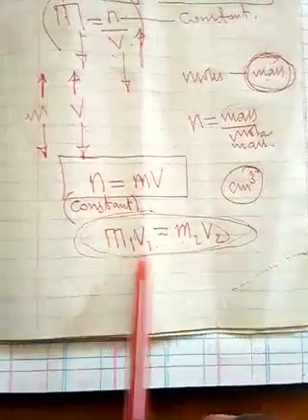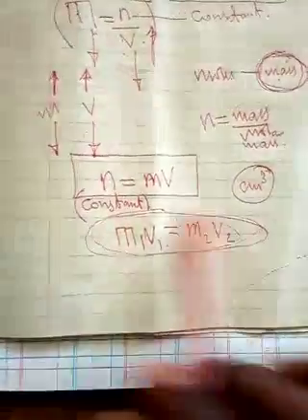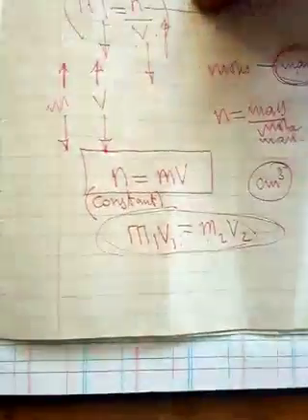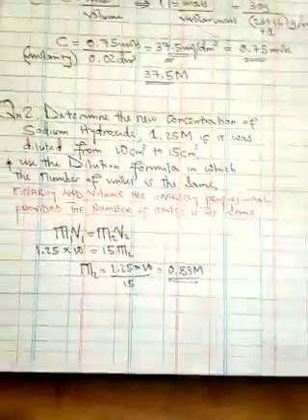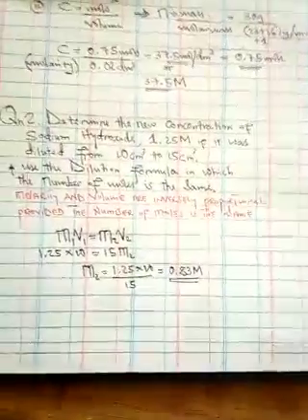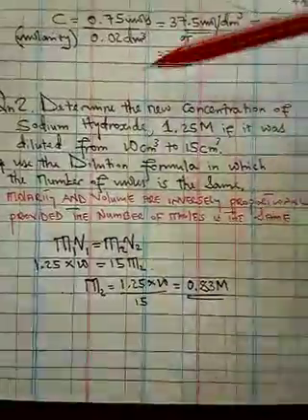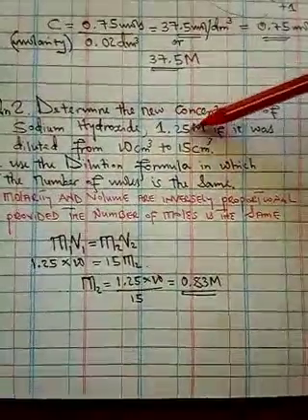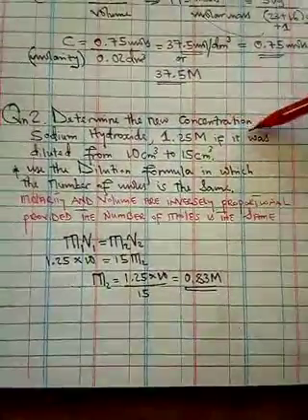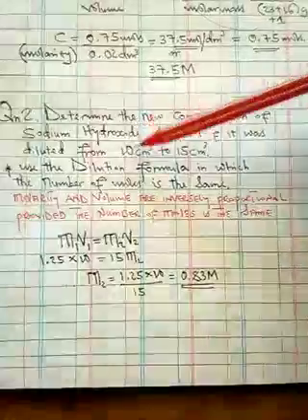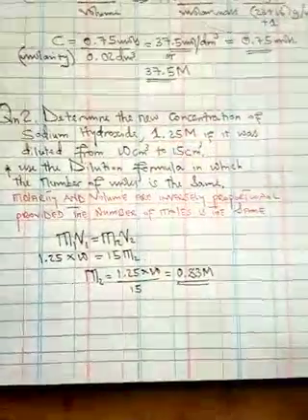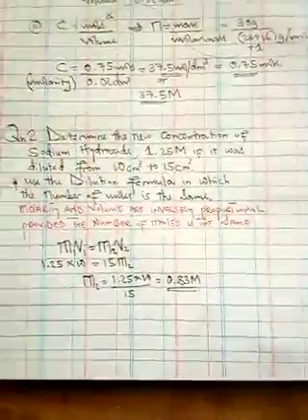The M1 V1 is equal to M2 V2. Let's see how we can now apply this to our question 2 under molarity and concentration. In this problem, they're saying determine the new concentration of sodium hydroxide, 1.25 molar, if it was diluted from 10 centimeter cubed to 15 centimeter cubed.